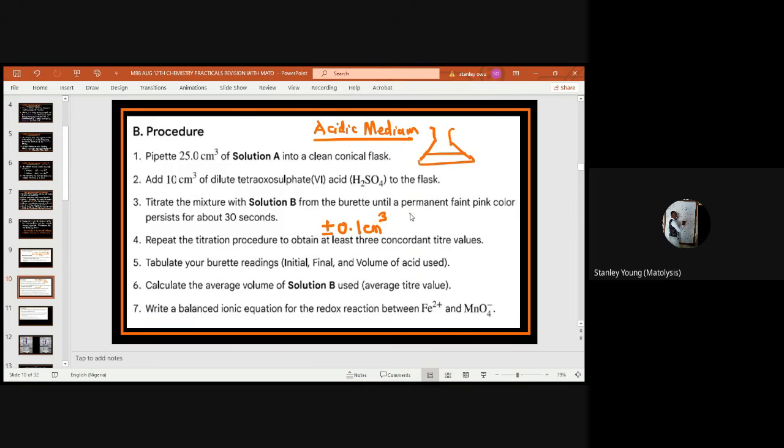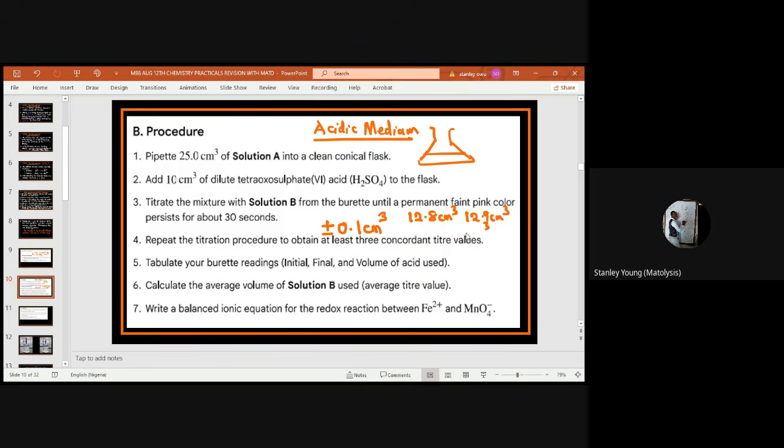Now, look at this. If I have, let's say, the first titer value to be something like 12.8 cm³, and I have another one to be 12.9 cm³, and I have another one to be 12.8 cm³. These 3 values are really concordant with themselves, meaning I can sum them together to get the average.